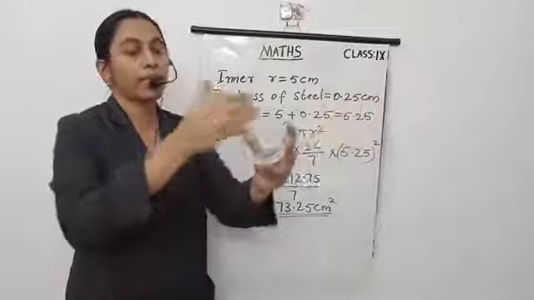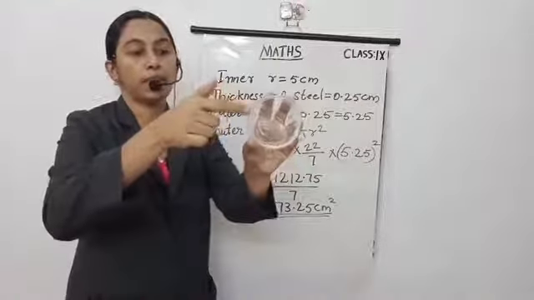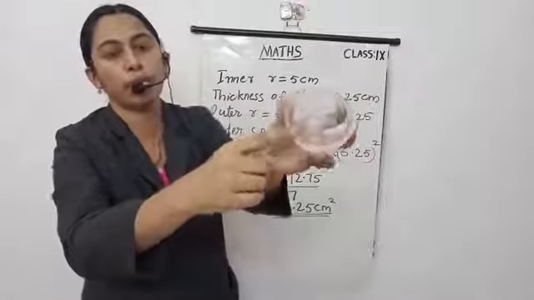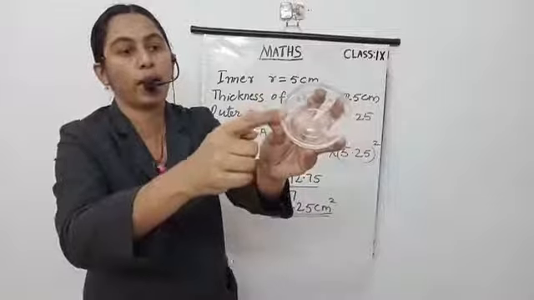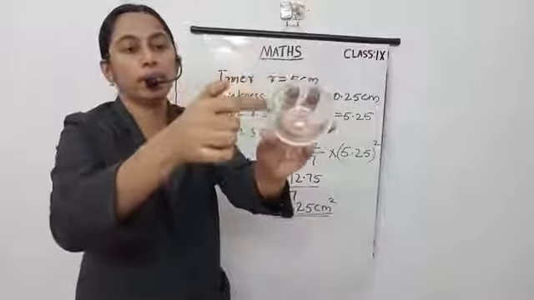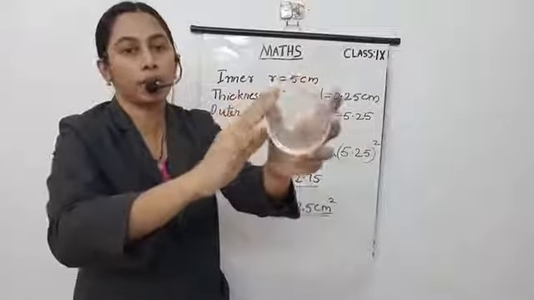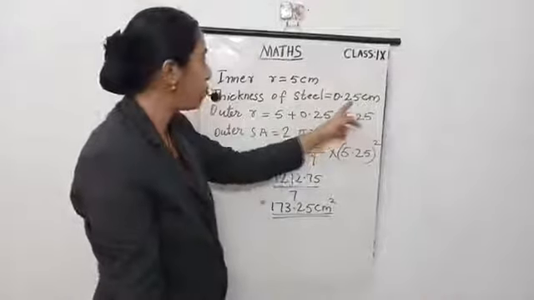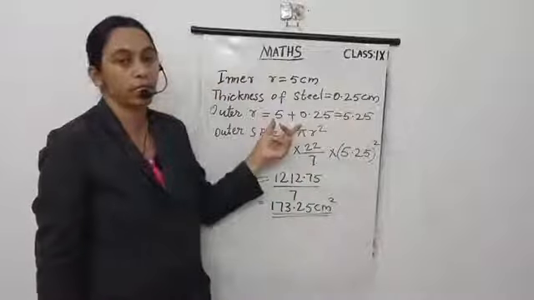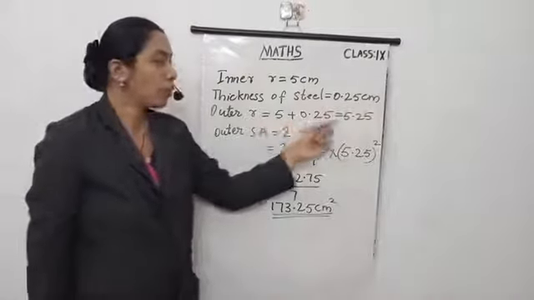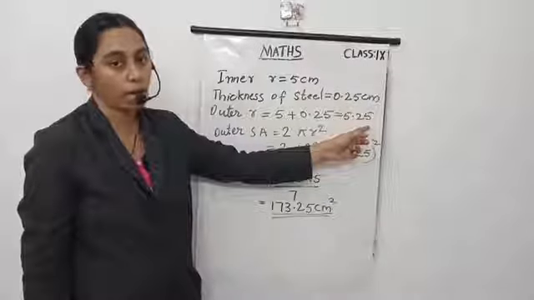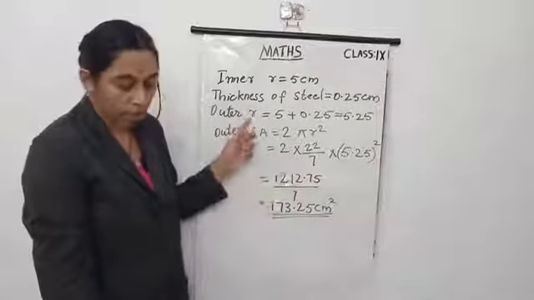So the thickness is given as 0.25. Then this inner radius plus this thickness gives the outer radius. Understood? So thickness of the steel equals 0.25 and outer radius is 5 plus 0.25 equal to 5.25 centimeter. Now we have the outer radius.